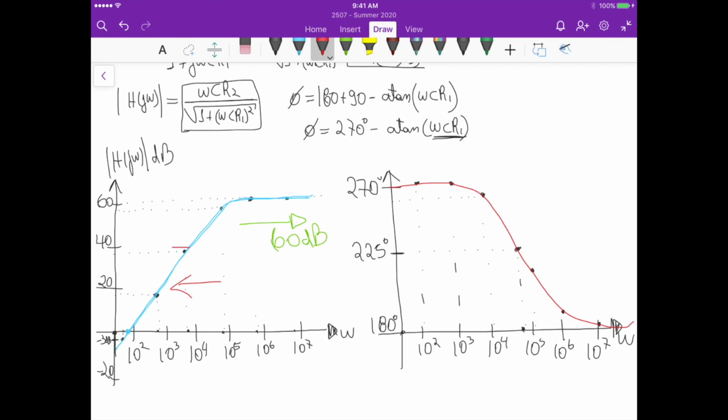So if we are going this way, it decreases 20 dB per decade. Okay, but if you look from this side here, in this direction, it's increasing by 20 dB per decade. Okay, so that's it for this problem.